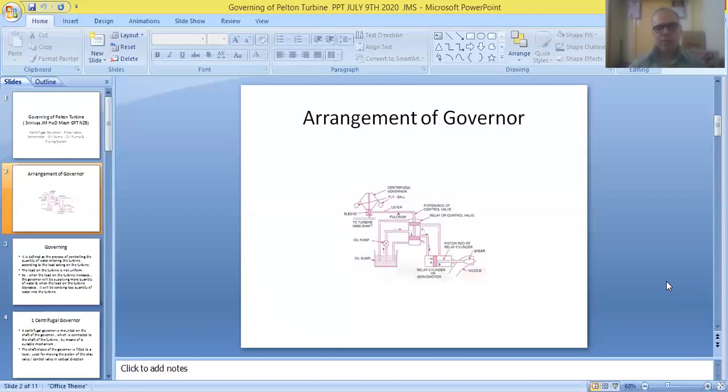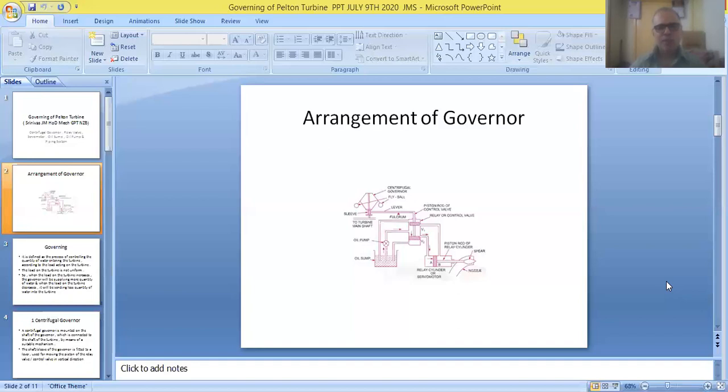Now, coming to the working of this system, when the load on the turbine decreases, the speed of the turbine increases. So the governor will be rotating at a high speed. Because of this, the shaft of the governor will be moving in upward direction, and the main lever will be moving in clockwise direction.